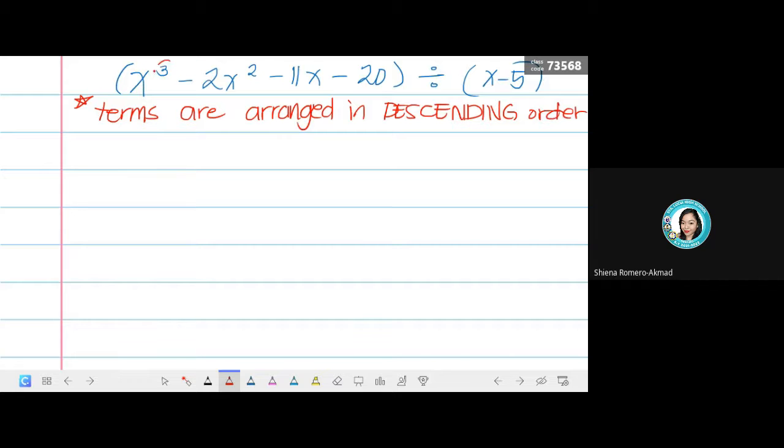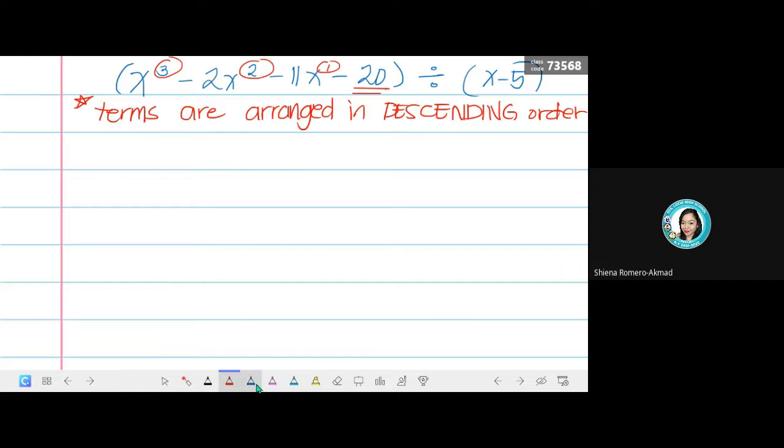Saan kayo titingin? Sa exponent. Okay? Tapos yung last term nyo lagi ay yung constant term. So ito, alam niyo naman na ang exponent niyan ay 1. Huwag nang paulit-ulit, makasabihin nyo 0. So terms should be arranged in descending order.